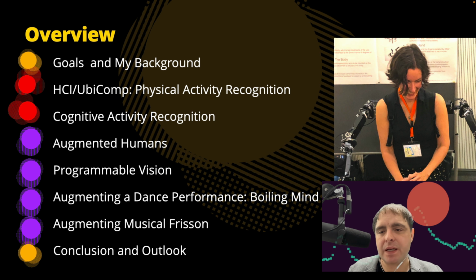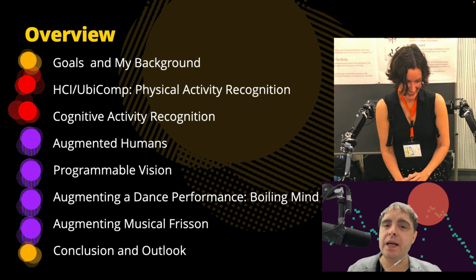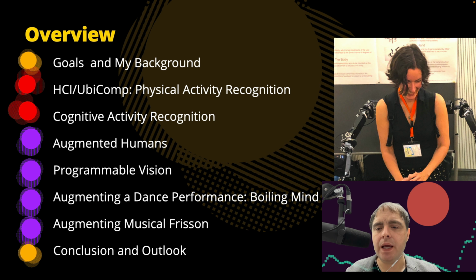And last but not least, we will look into how it's possible to detect and also augment a very specific feeling, and that's musical frisson, that's aesthetic chills when listening to music in a classical concert scenario. And finally, I'll give the conclusion and a little bit of an outlook.